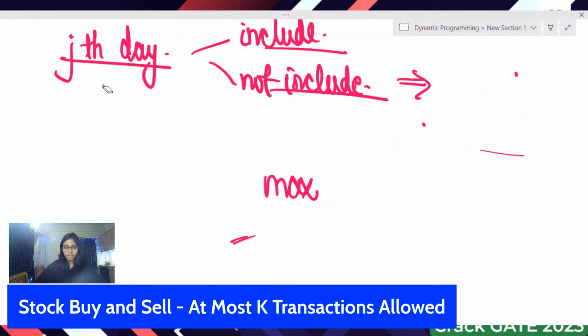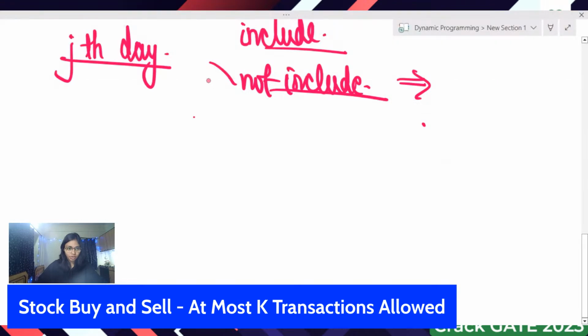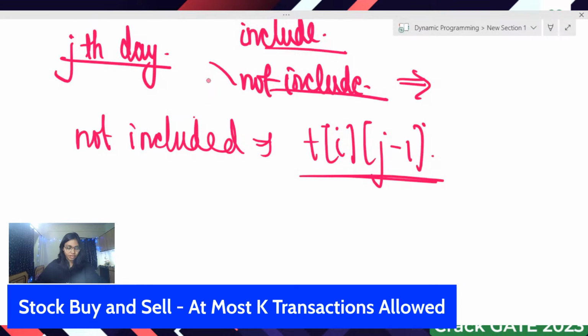We have two options, either to include the current day in the transaction or to not include it. When you have not included it, it will be simply T of I J minus 1. Why J minus 1? You will be simply getting the profit that you got on the previous day, right? Because the current day was not involved in the transaction.